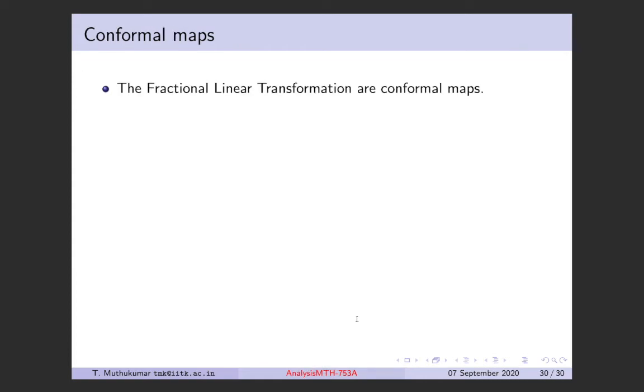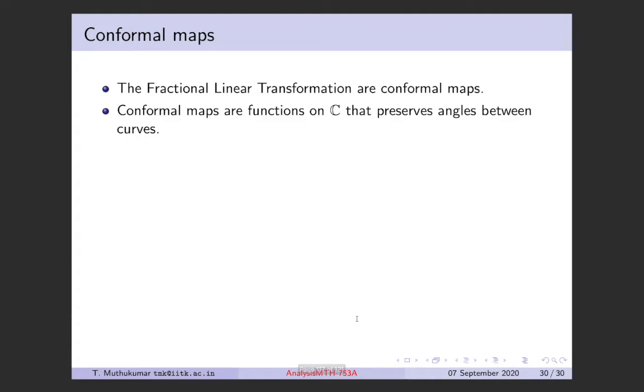Now these fractional linear transformations are a special class of a general class of functions called conformal maps. So what are conformal maps? Conformal maps are maps which preserve the angle between curves. What is the angle between curves?